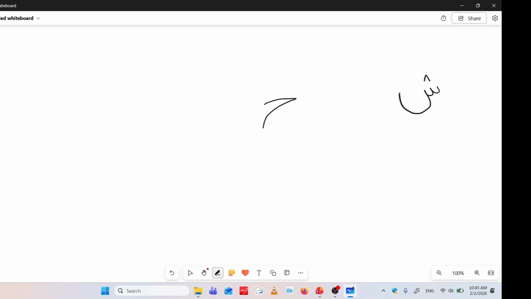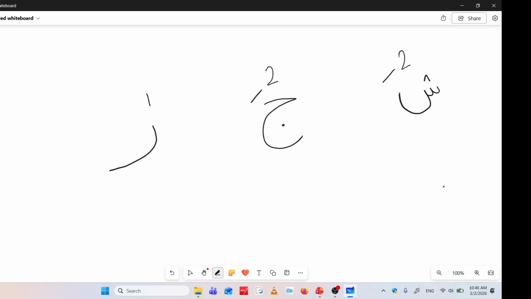We have this letter, which is ja. Here we have a fatha in this word. Then we have a ra, right? Like we said before, we will go back and see which are the two-way connectors and which are the one-way connectors. So sha is a two-way connector, ja is a two-way connector, and ra is a one-way connector.